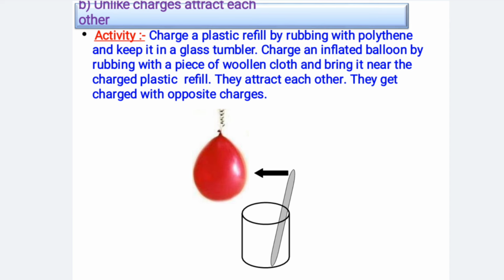So since the rubbing materials are different, balloon and refill have acquired opposite kinds of charges. That's why they are attracting each other. So this activity shows that different charges or unlike charges attract each other.